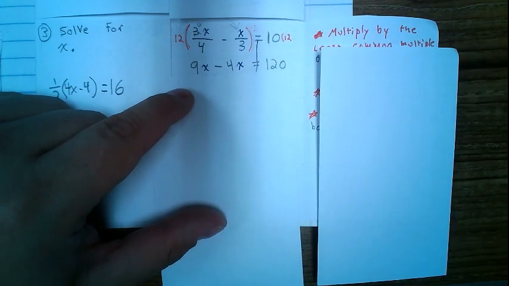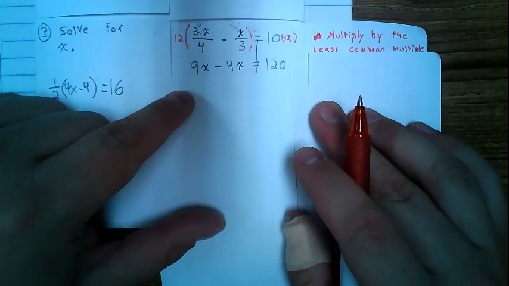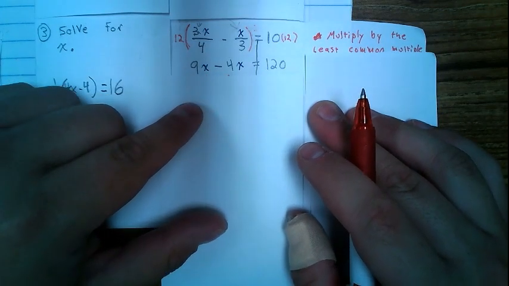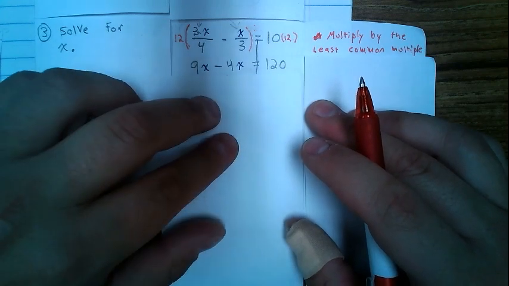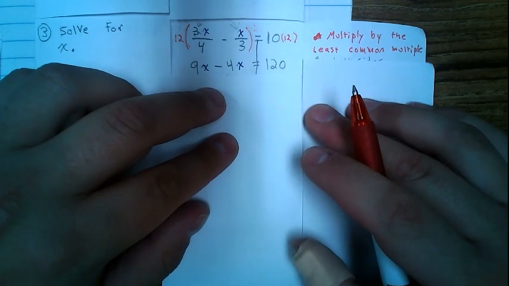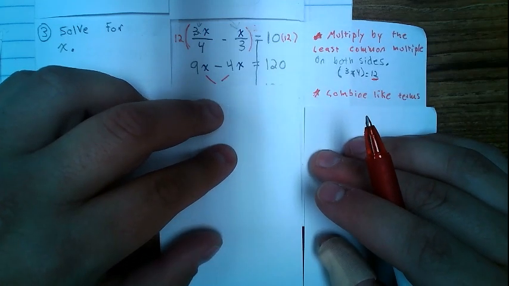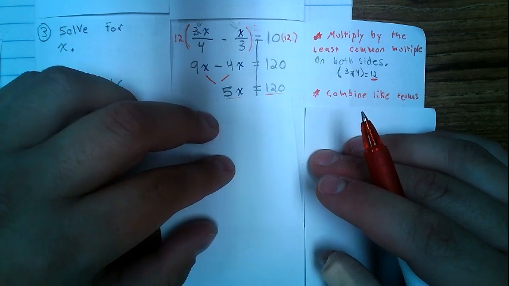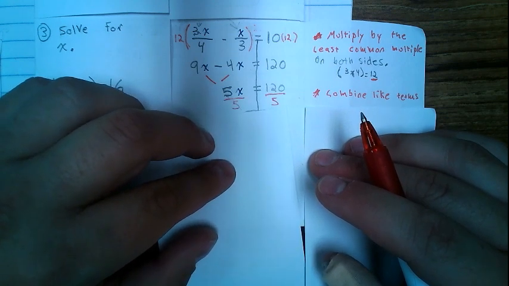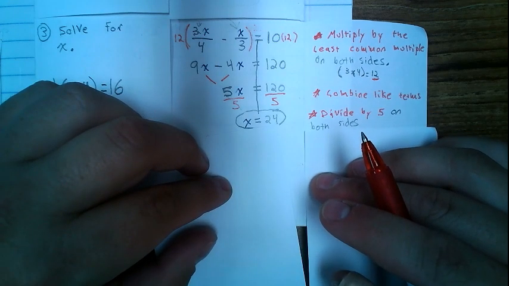And 10 times 12 is 120. Now I see x occurs twice. I want to combine the like terms. So I have 9x minus 4x. That's going to give me 5x equals 120. Then I divide by 5 on both sides. The 5's cancel, and x equals 24.